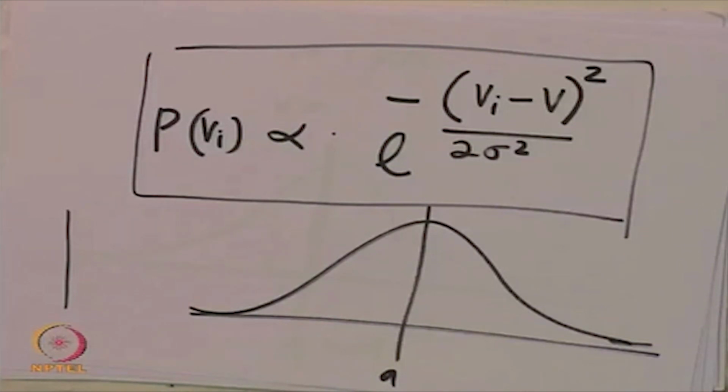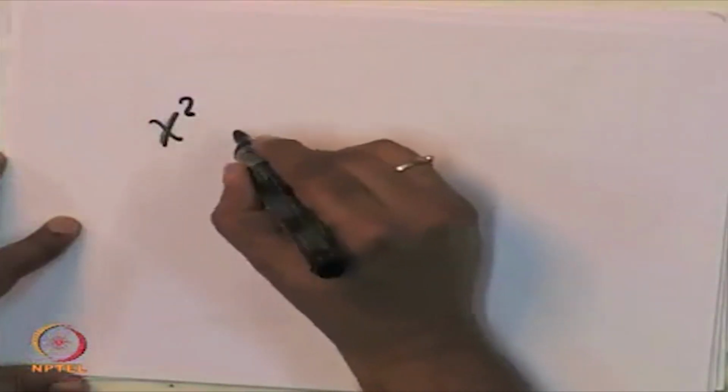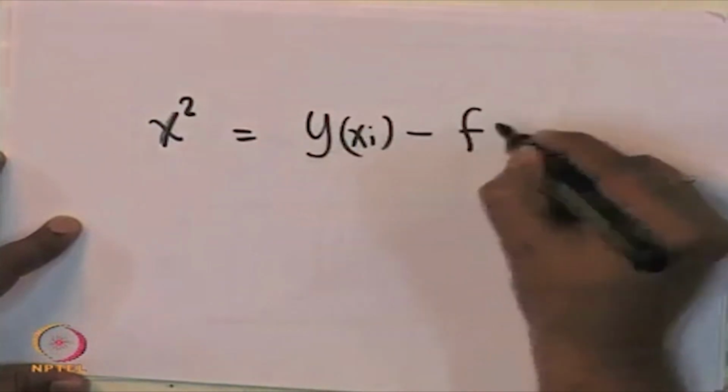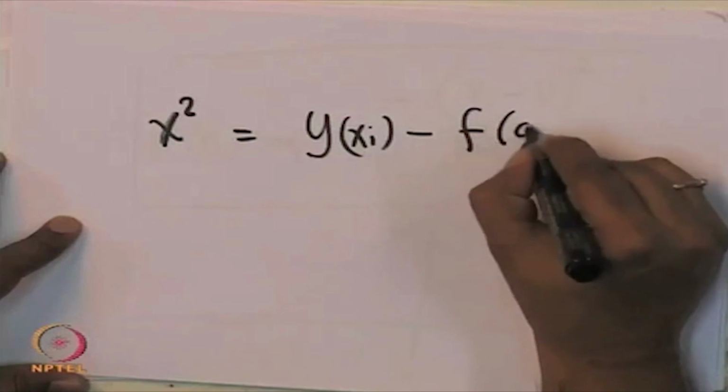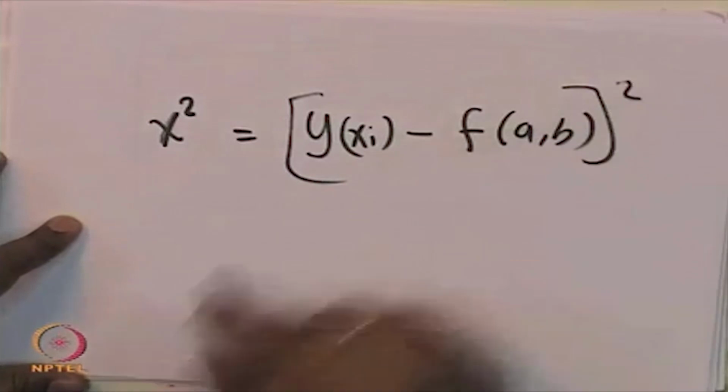If there is time, we will discuss this in another lecture, but for the moment it is enough to realize that at the end of the day, what all these computers do when they fit is minimize this function called chi-square, which is the measured value minus the fitting value, which is a function of the parameters, squared.